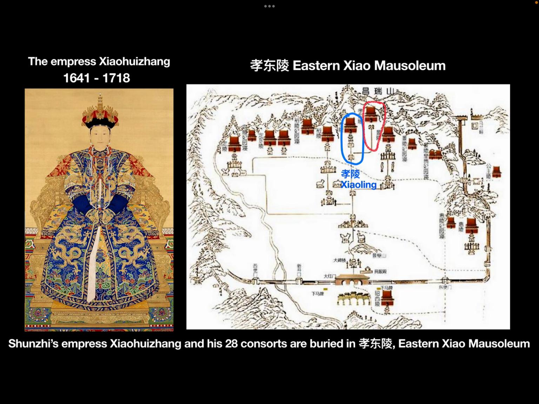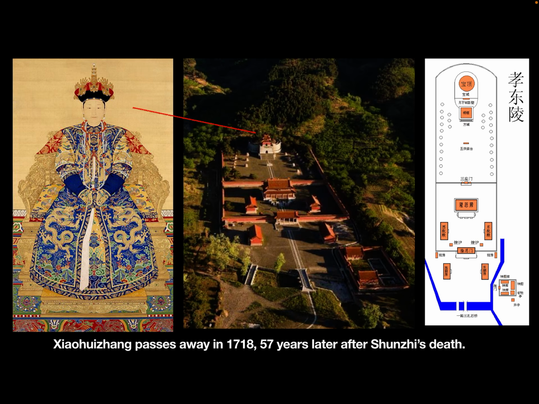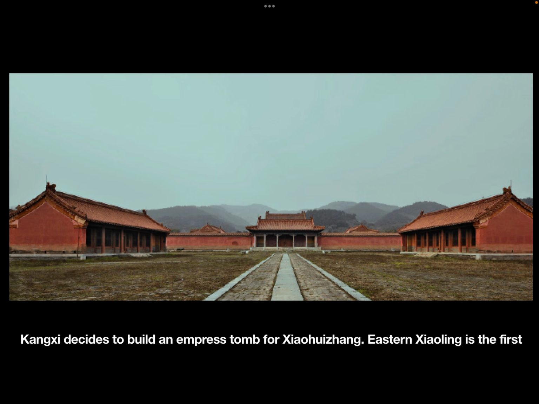Shunzhi's Empress Xiao Huizhang and his 28 consorts are buried in Xiao Dongling, the Eastern Xiao Mausoleum. Xiao Huizhang passed away in 1718, 57 years after Shunzhi's death. Kangxi decided to build an empress's tomb for Xiao Huizhang.